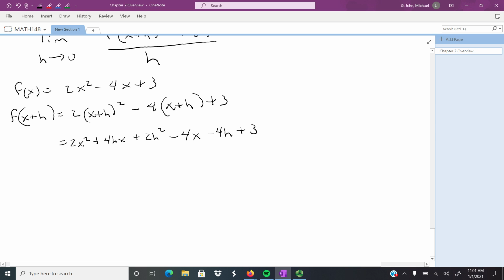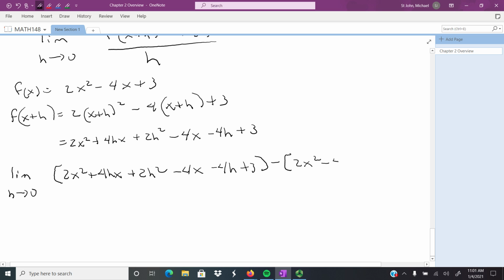And now we can plug that in. And so we want the limit as h goes to 0. So we have 2x squared plus 4hx plus 2h squared minus 4x minus 4h plus 3, all of this minus the original f of x, which is 2x squared minus 4x plus 3, all of that divided by h.